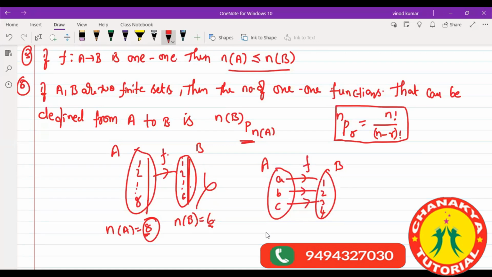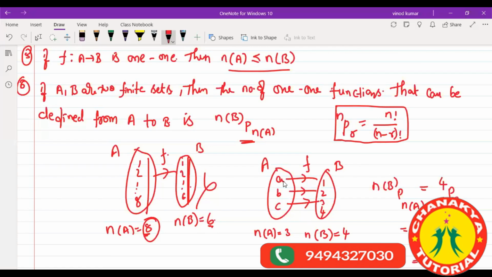Here n(A) equals 3 and n(B) equals 4, so n(A) is less than n(B). The number of one-one functions is n(B)Pn(A), that means 4P3, so 4 factorial by (4 minus 3) factorial. This is 24.